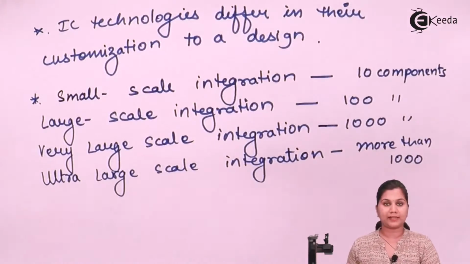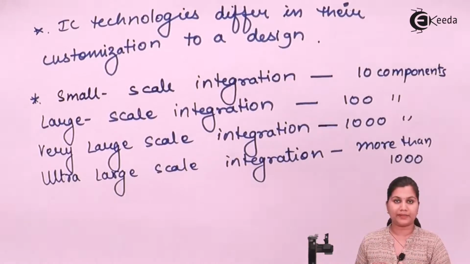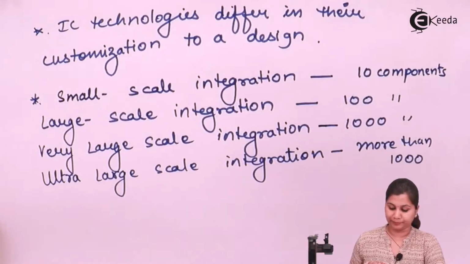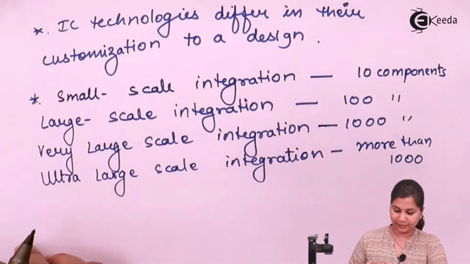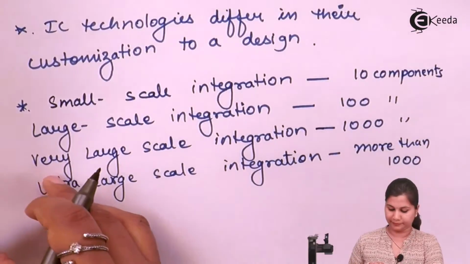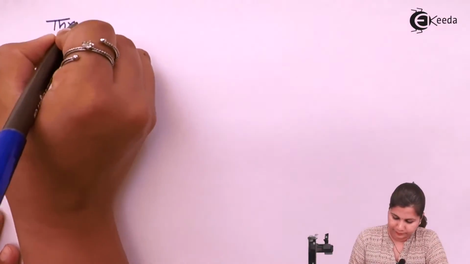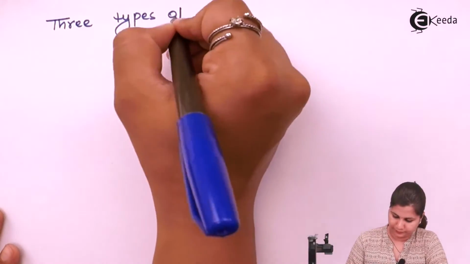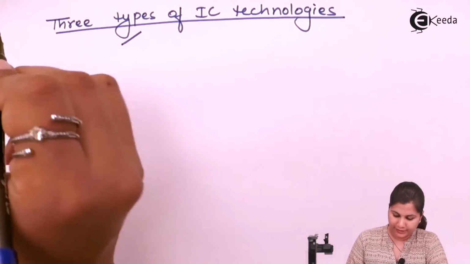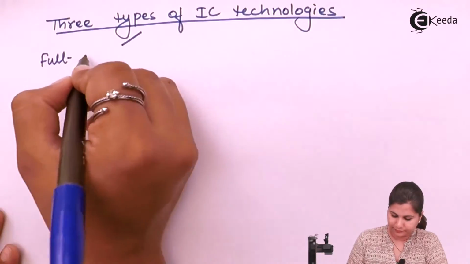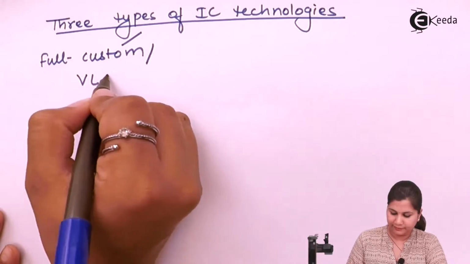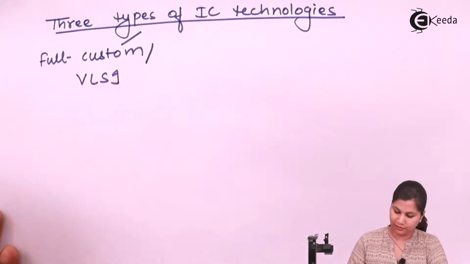So in this way, depending upon how many components are present on a single chip, there are different integration technologies. Now the integrated circuit technologies in the embedded system are of three types. First is full custom, also called VLSI, very large scale integration.